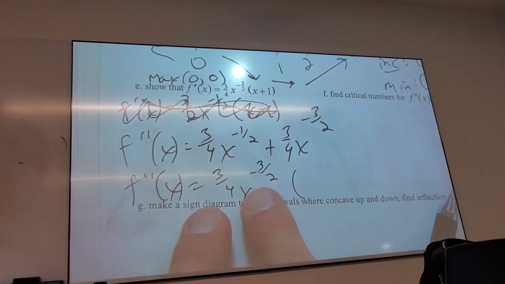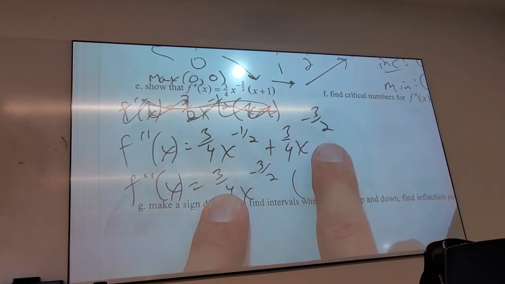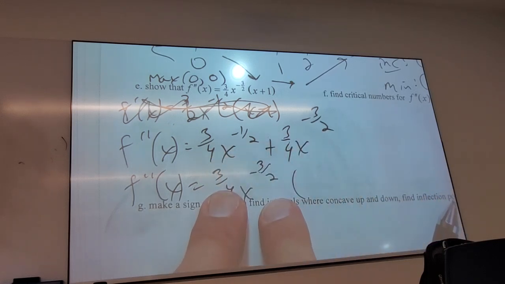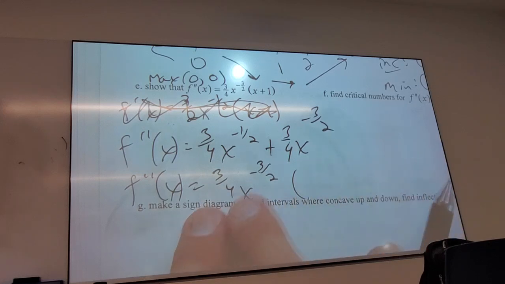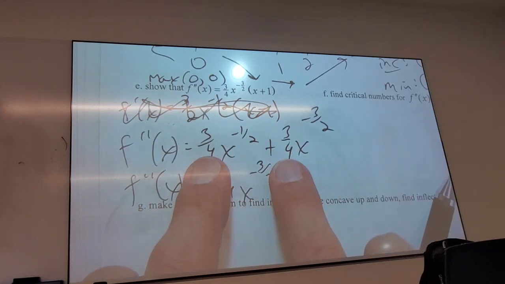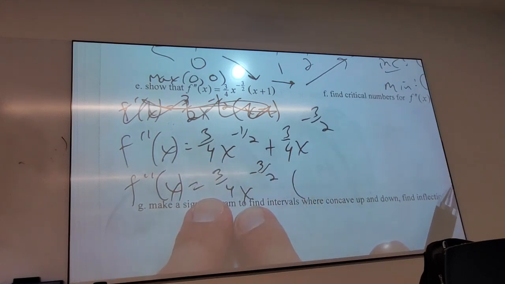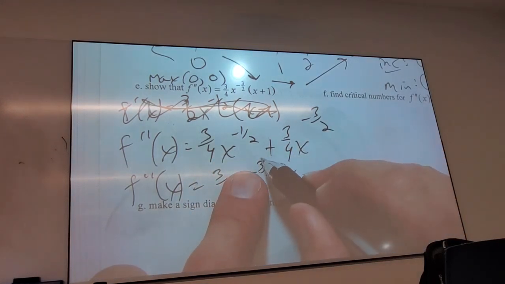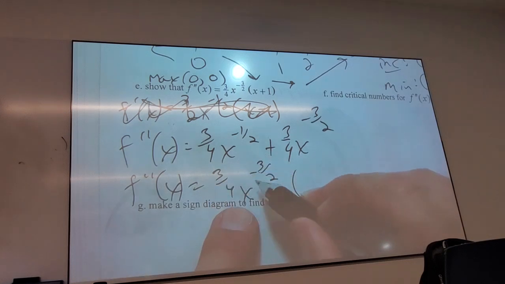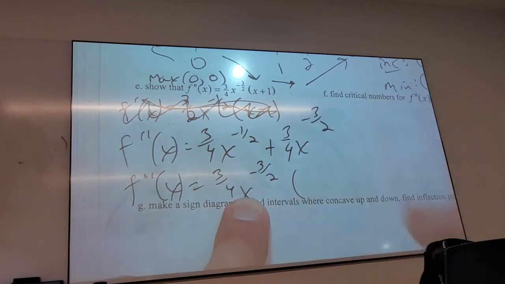Wait, what's happening? Right now, all I'm doing is taking this out of both. That's all I've written, so now I have to write what's left. I'm just taking out the GCF. I can take a 3/4 out of both, and I can take the lower power out of both. Now I'm going to write what's left in the first two. When I divide by x to the negative 3/2, it's the same thing as multiplying by x to the 3/2.